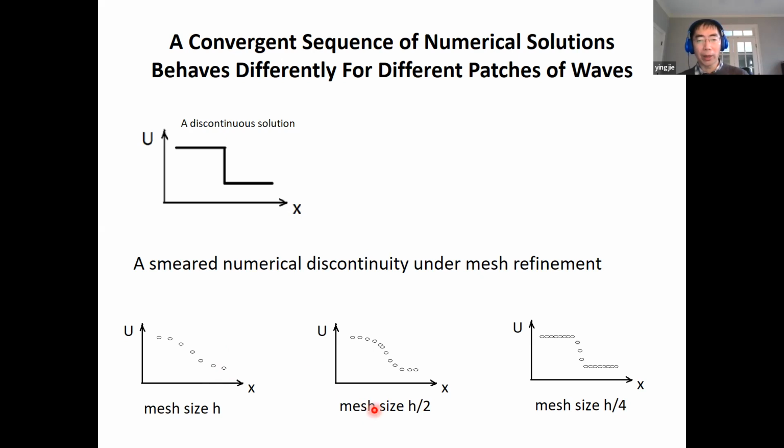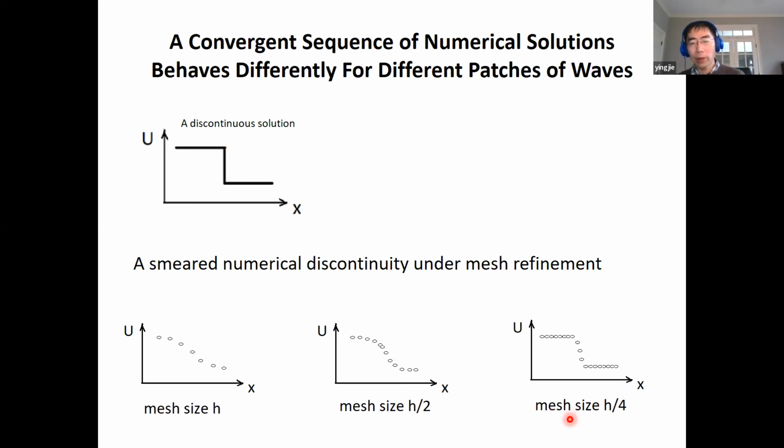And if you refine the mesh, let's say h/2, well, if it's a converging numerical solution, it will get better. It looks closer to this discontinuity.